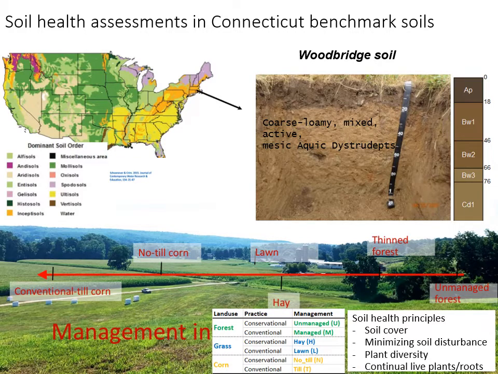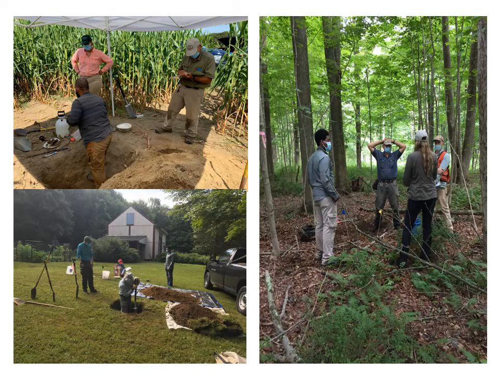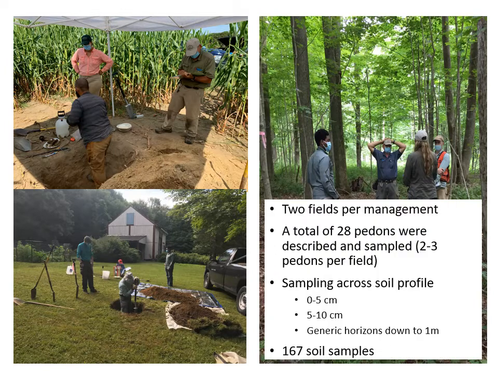Within each management, we sample soils from 2 fields, and then within each field, we set up 2 to 3 plots, and sample 0 to 5, 5 to 10 centimeters, and then genetic horizons down to 1 meter.